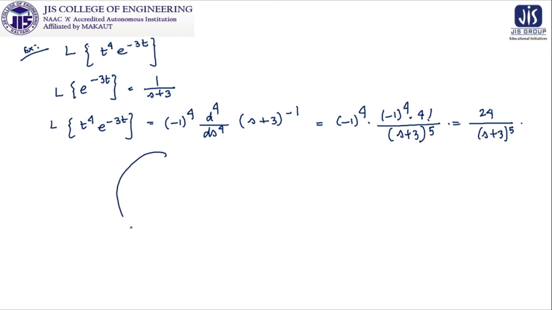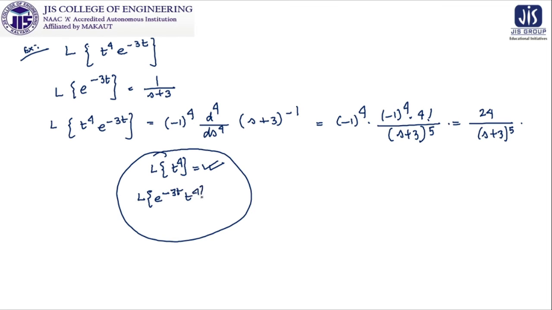Here I want to mention that if I think of the Laplace transform of t to the power 4, and then the Laplace transform of e to the power minus 3t times t to the power 4 by the first shifting property, then we must also reach the same destination.